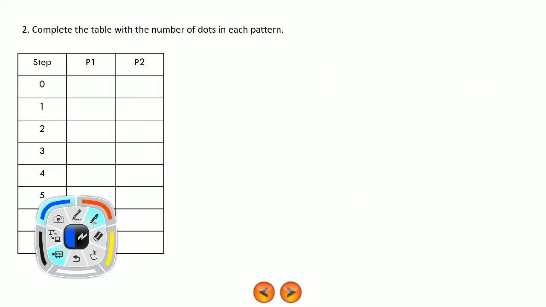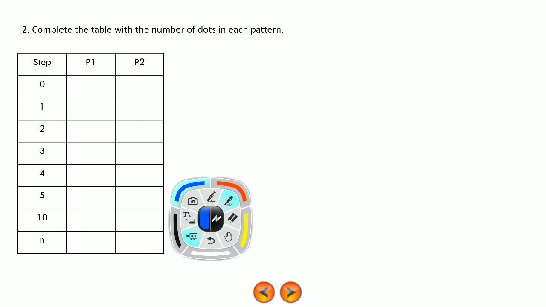Okay, complete the table with the number of dots. So really quickly plugging it in, we knew that pattern 1 was 1 dot, and then we add a column of 2 each time. So basically every step I'm adding 2 dots. Oh, that is not the pattern.